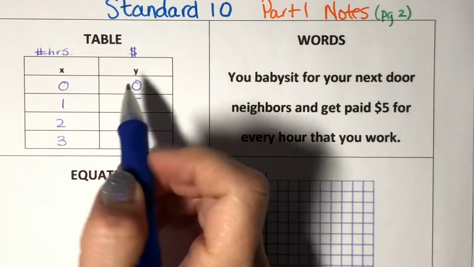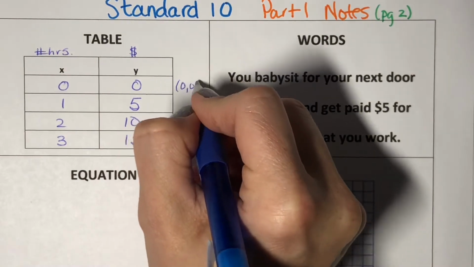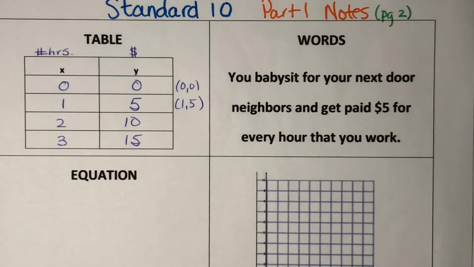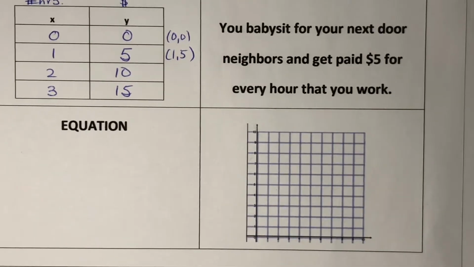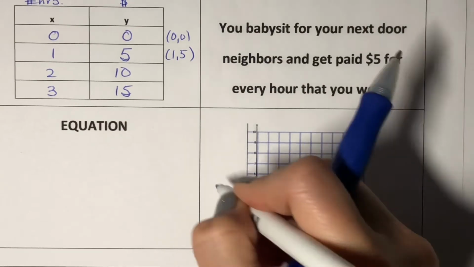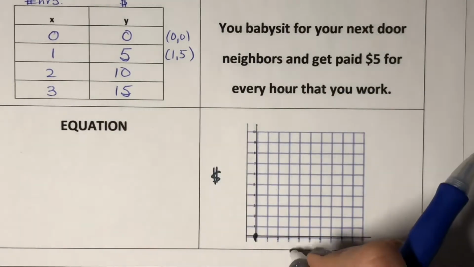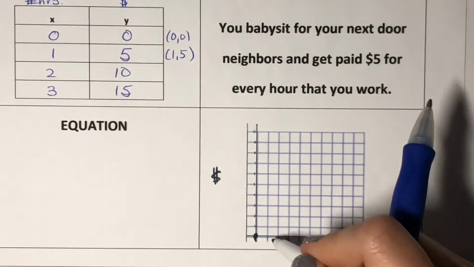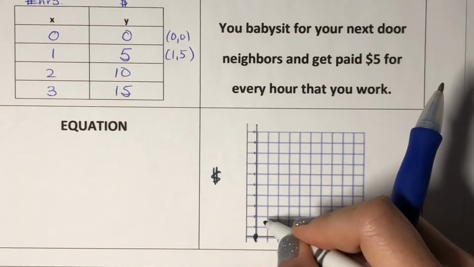After we have our table, it's easy to go ahead and make your coordinate plane, with our ordered pairs, and let's plot that. Okay, 0, 0, here's my money, and here is the number of hours that I work. And let's just use 1, 5.